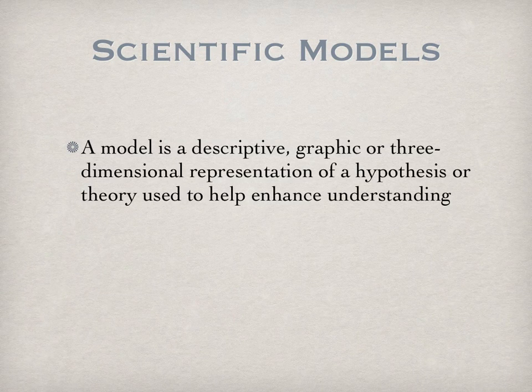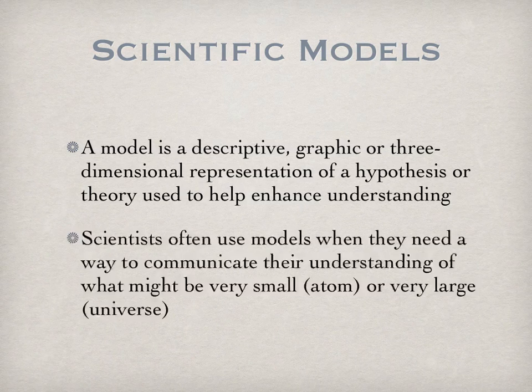And a lot of times in science, we use models because they're much more descriptive. We're often talking about things that are really small or really big, and so we need a way to understand that a little bit, and the model is how we do that. It helps enhance our understanding. If we're talking about the atom, we might have a picture or a drawing of the atom, which is not a real atom.